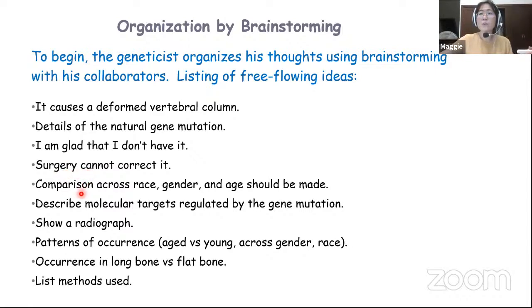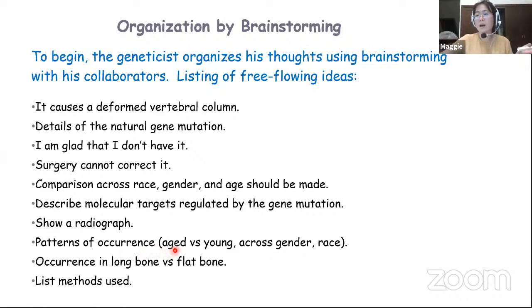And for writing the paper, he can compare course, race, gender, and age. And also he can describe molecular targets regulated by the gene mutation. He can show a radiograph of the abnormal bone growth and also patterns of occurrence. For example, what is the age of the patient?